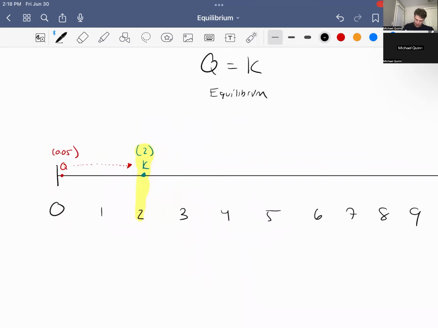Well, remember that Q is products over reactants. So in order to increase Q, we should increase our products and decrease our reactants. That will make this fraction bigger.